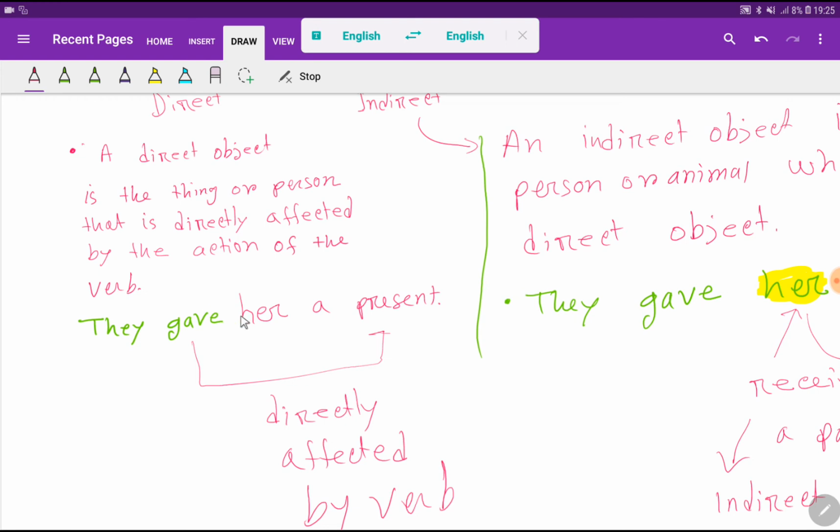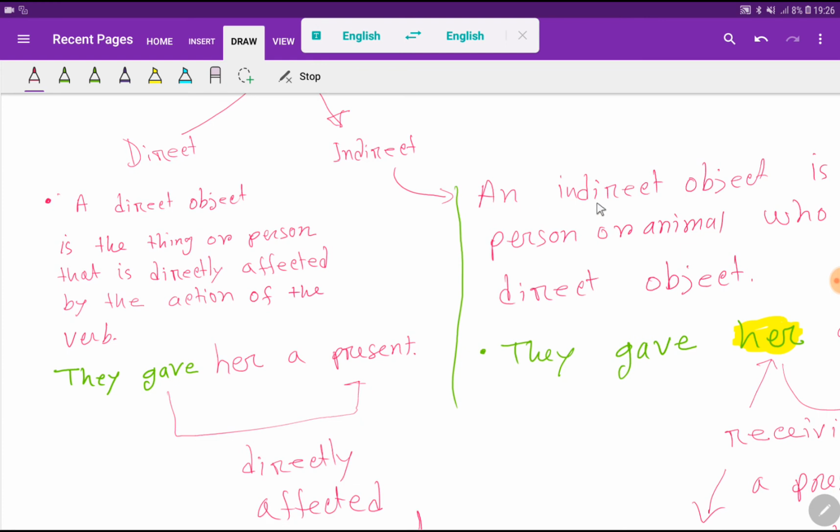So look, there is no preposition, so this is a transitive verb. Her is receiving this present, that is, her is an indirect object. The indirect object will come first after the verb. At last we have to put the direct object, but the direct object is directly affected by the verb. This is tricky, right?